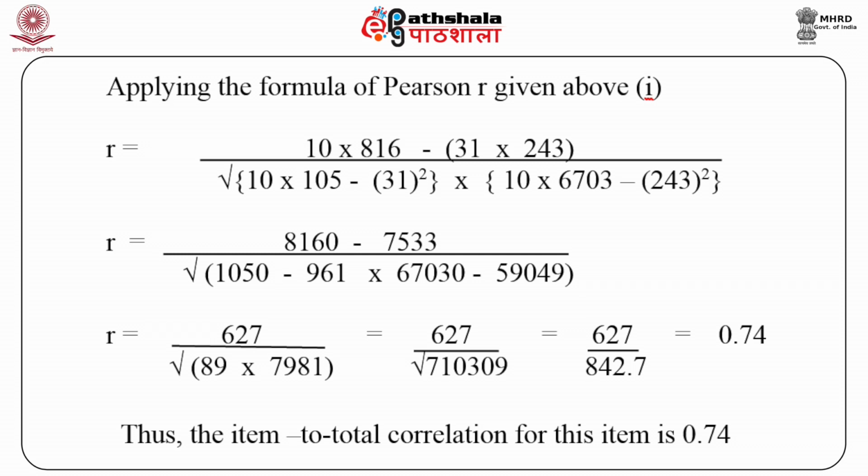Therefore, R equals 627 divided by the square root of 89 multiplied by 7981, which is 627 divided by the square root of 710309, and the square root of 710309 is 842.7. Therefore, R becomes 627 divided by 842.7, making it 0.74. Thus, the item to total correlation for this item 7 is 0.74.